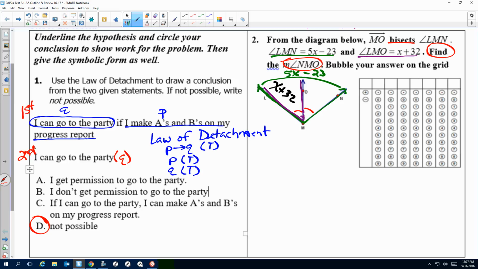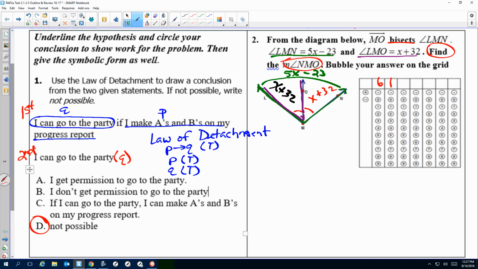That was the x plus 32. But since I know these two parts are congruent, I could also add this is also x plus 32 if it's bisected. I circled what to find, the measure of angle NMO. The measure of angle NMO was 61.